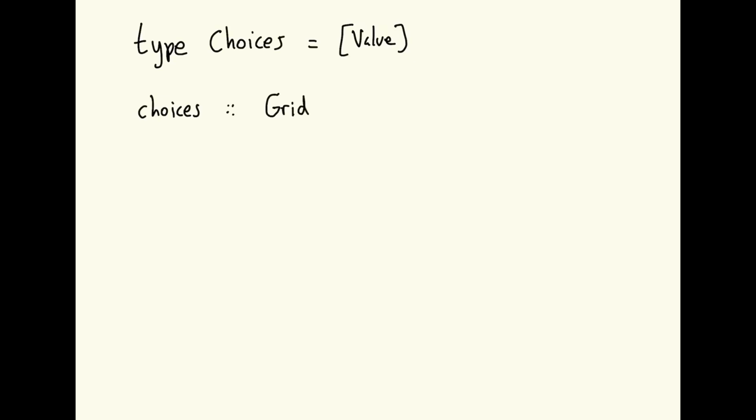So let's define the choices function now. So what choices is going to do is, well, first of all, we're going to define a little type for what choices are. So Choices with a capital C is going to be a list of values, like 1 to 9. And then the choices function is going to take an initial Sudoku grid, such as the easy grid, which we've been working with. And then what it's going to give us back is a matrix of possible choices for each cell.